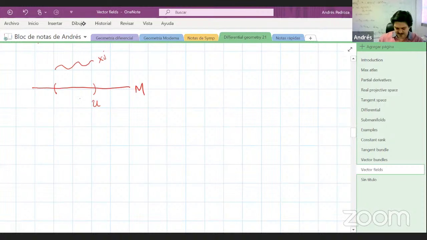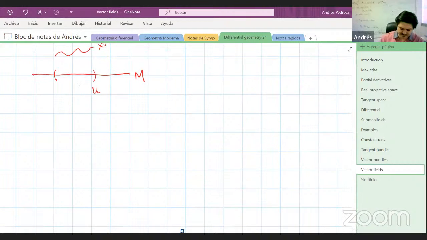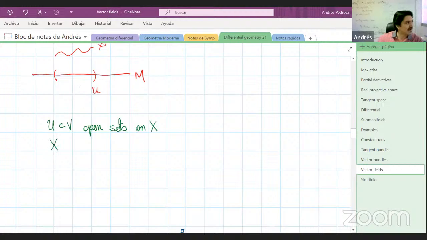Usually, how it is as follows. You have two open sets on X. X has to be, I think, a normal topological space.